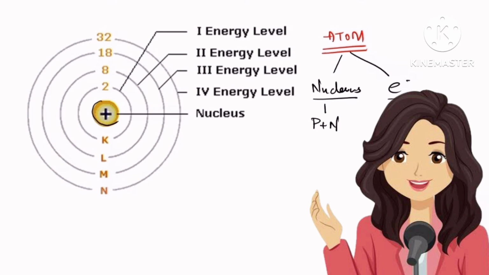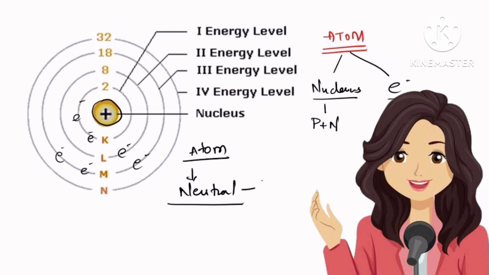So this is a nucleus which contains protons plus neutrons, and then electrons are there in the surrounding orbitals according to their energy or the atomic number of an element. This atom is said to be in the neutral state when the number of electrons equals the number of protons.